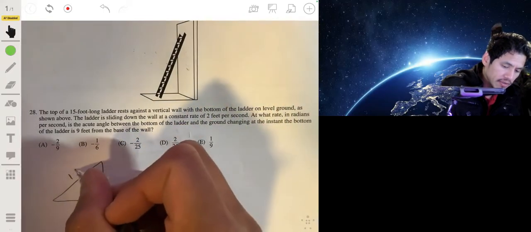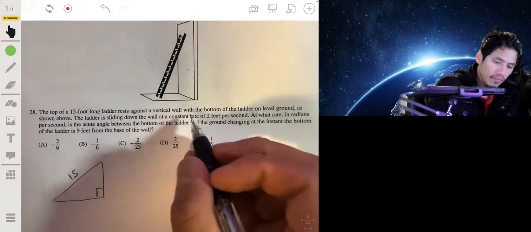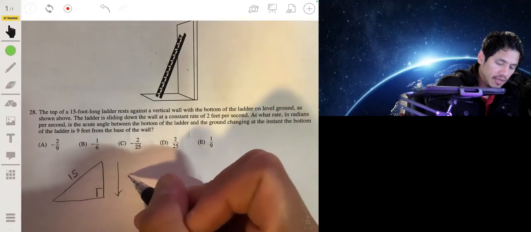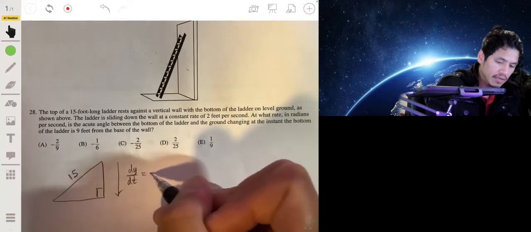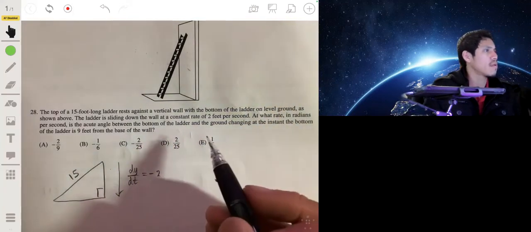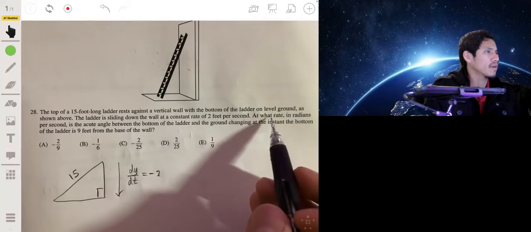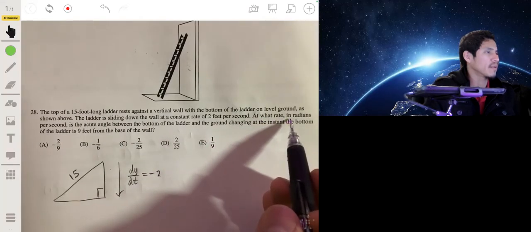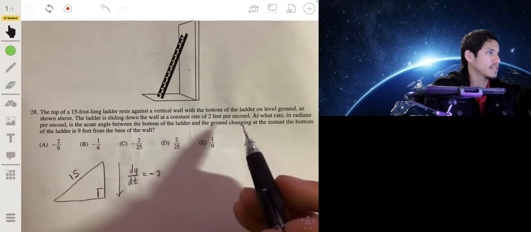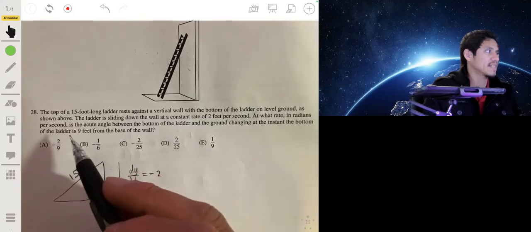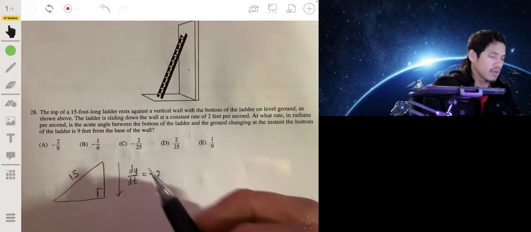The ladder is this. It's going down, so we can say dy/dt, the change in y with respect to time, is equal to negative 2. We want to figure out at what rate, in radians per second, the acute angle between the bottom of the ladder and the ground is changing at the instant that the bottom of the ladder is 9 feet from the base of the wall.